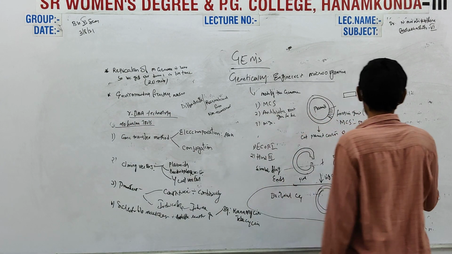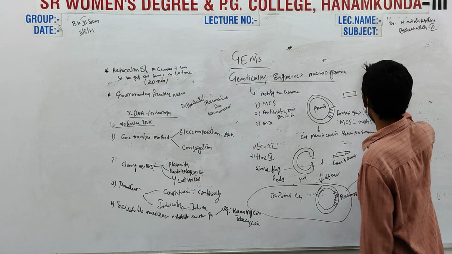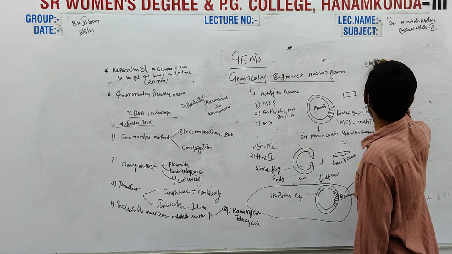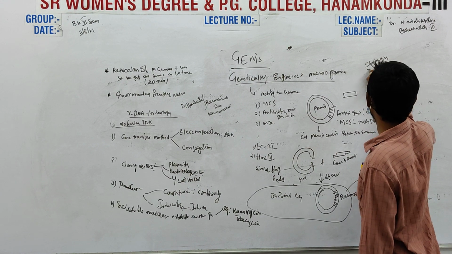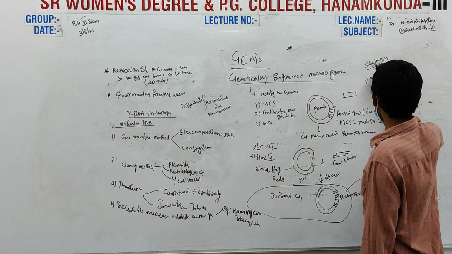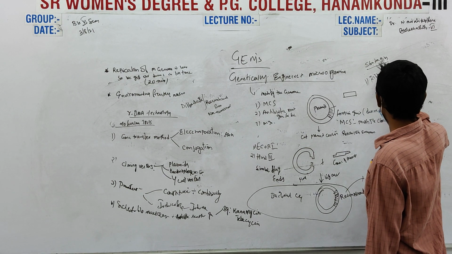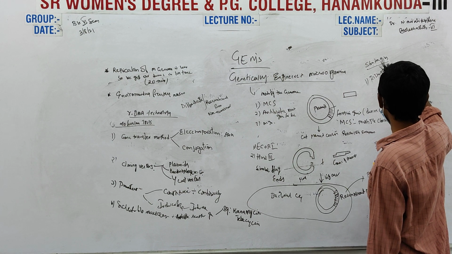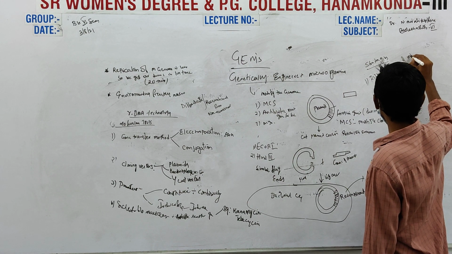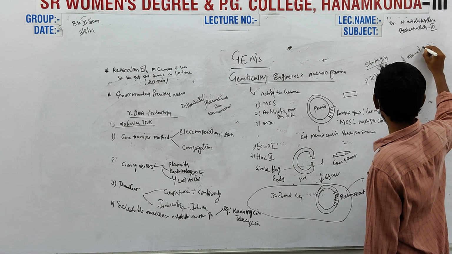So how do we modify the genome? There are two strategies for modification of the genome. One is removal or destruction of undesired genes.